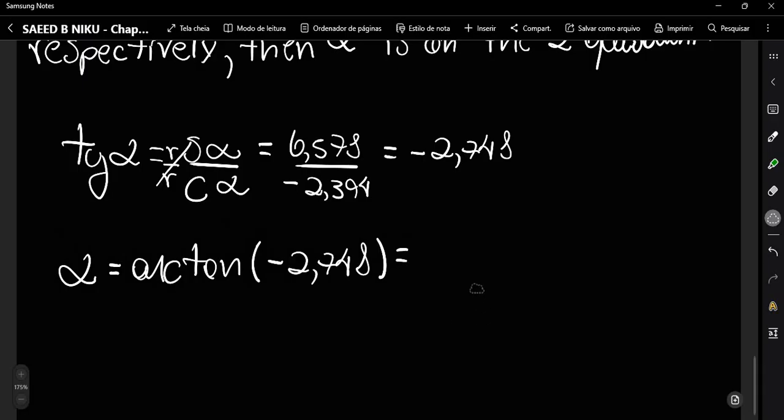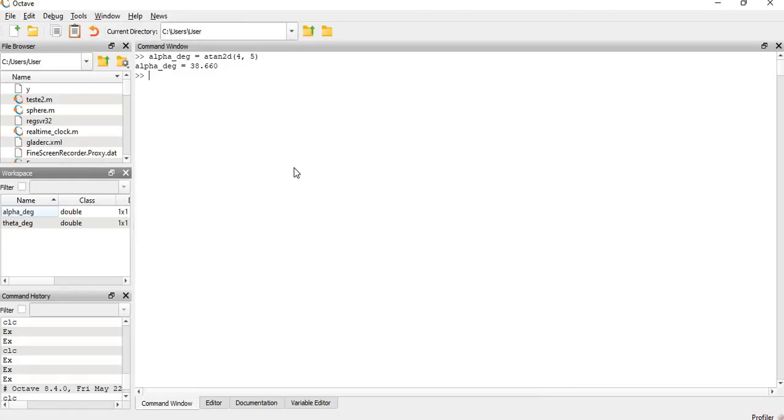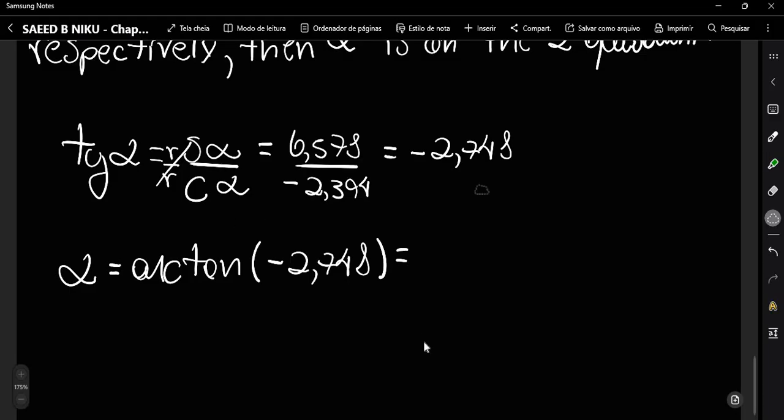Let's use Octave to calculate this. So alpha in degrees equals atan2d, and we don't even calculate this relation.